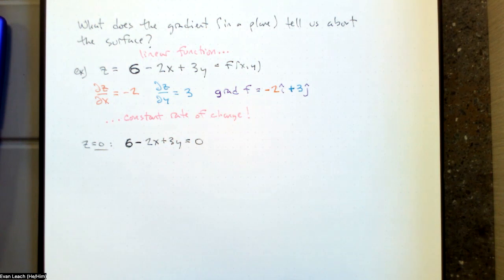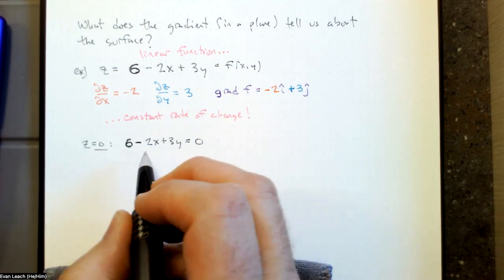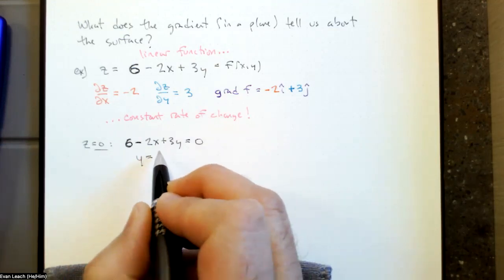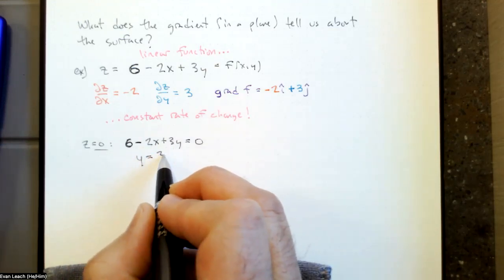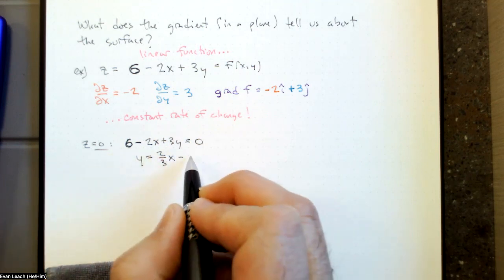So we're going to have a line with a slope of 2/3 and a y-intercept, when z equals 0, of 2. So if we rewrite this, we get y is equal to 2/3 x minus 6 divided by 3, which is 2.